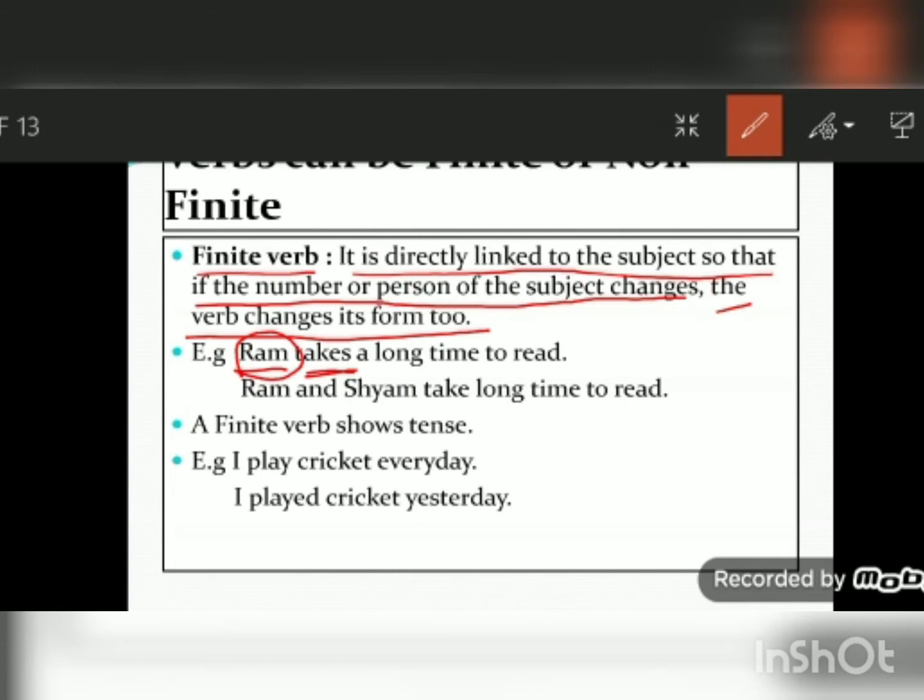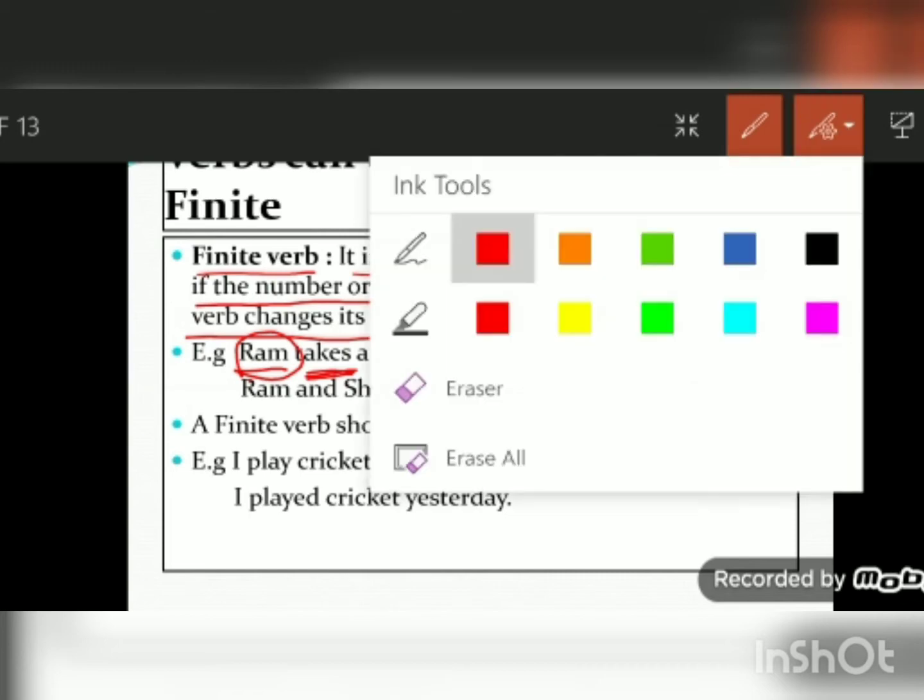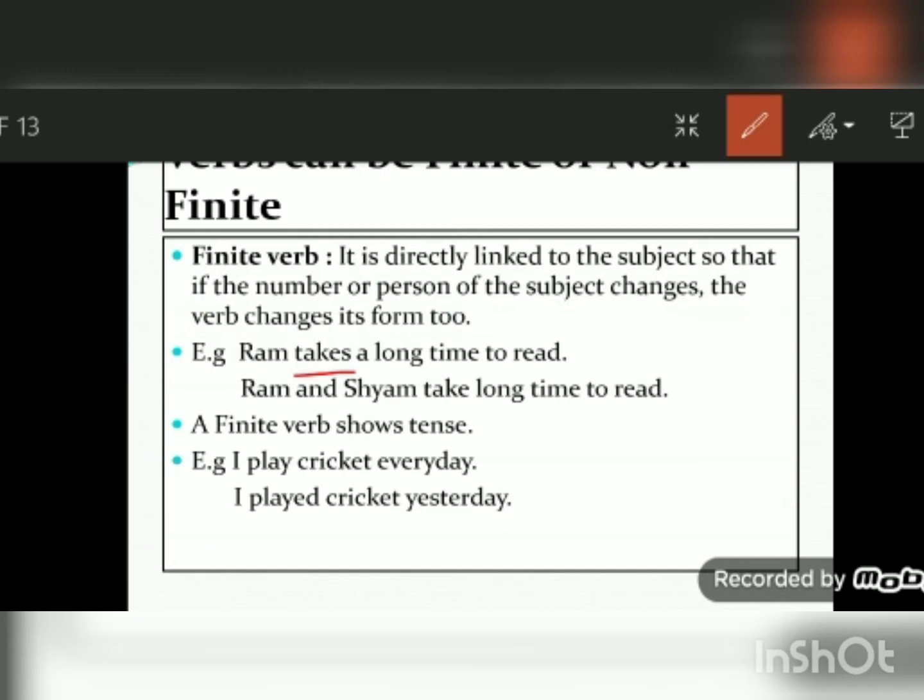The base form of the verb is take, but since Ram is singular, we added s to the verb. In the next example, Ram and Shyam, two persons, are there. So that is why the verb is take. Ram and Shyam take a long time to read.